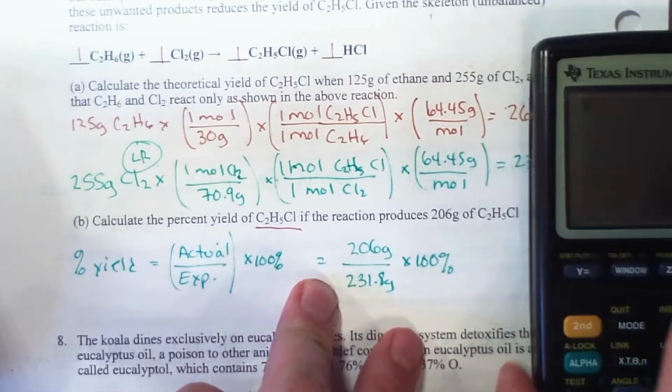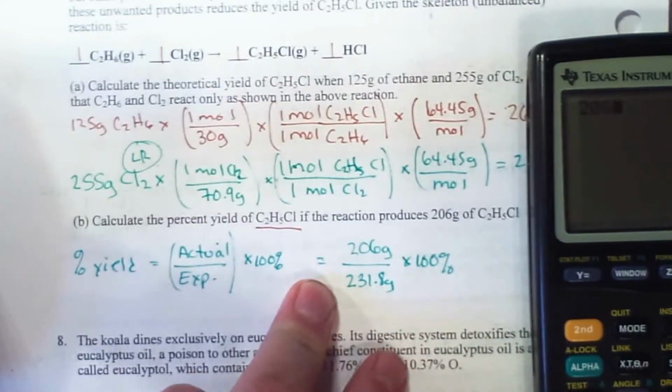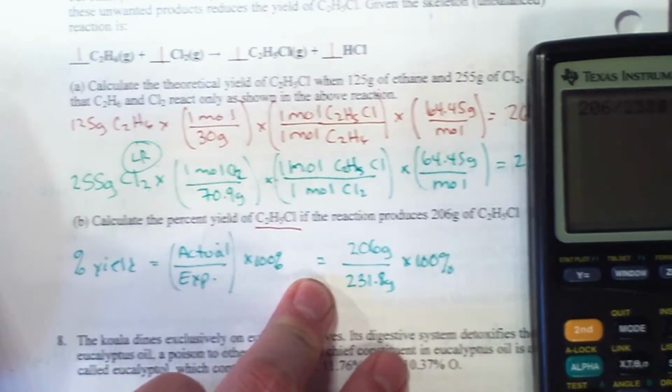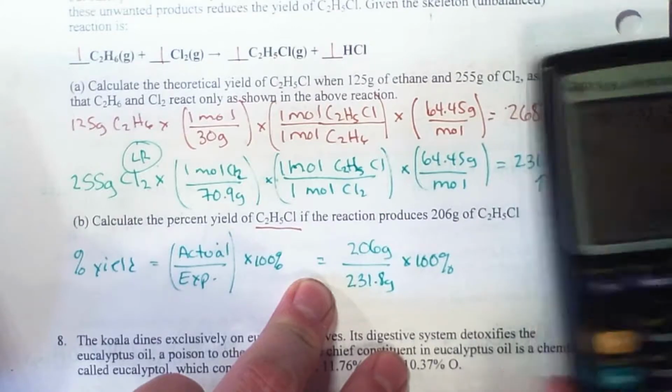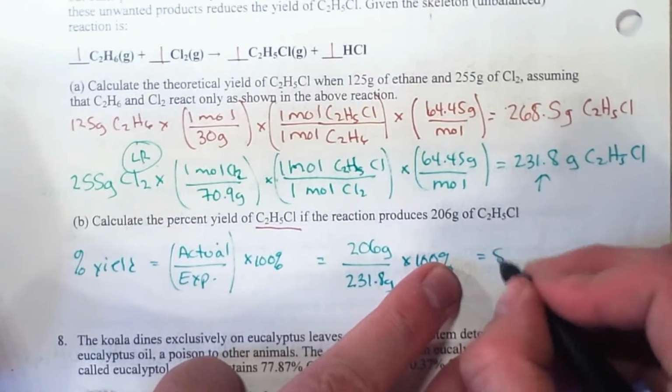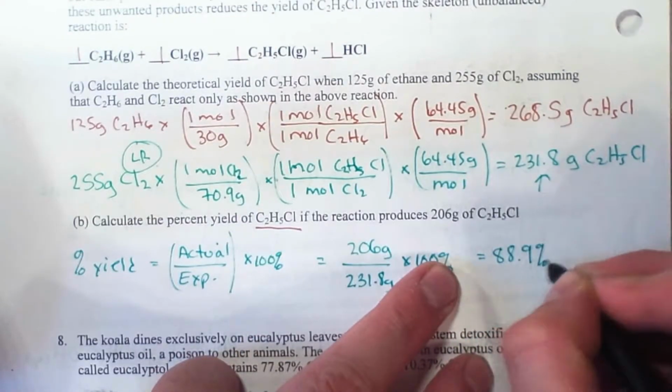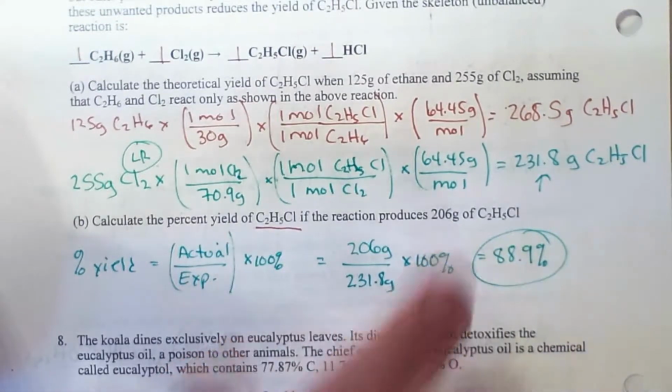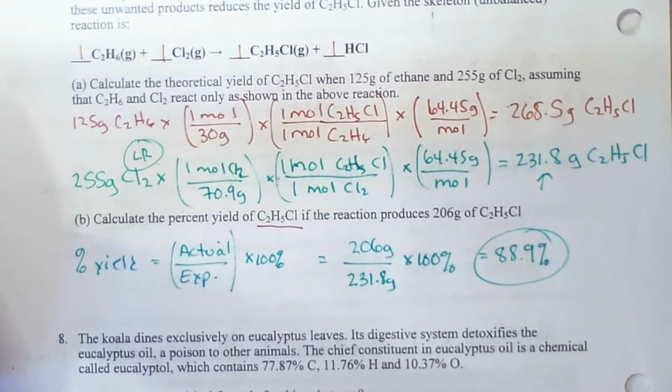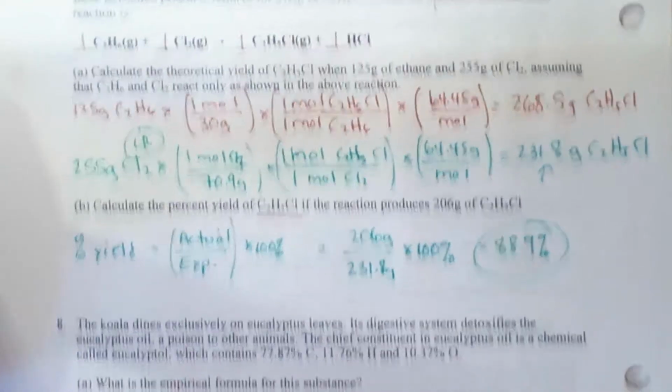About 90% or so. 206 divided by 231.8 is 88.9%. Ignoring significant figures here, but about 88.9% yield would be what that is.